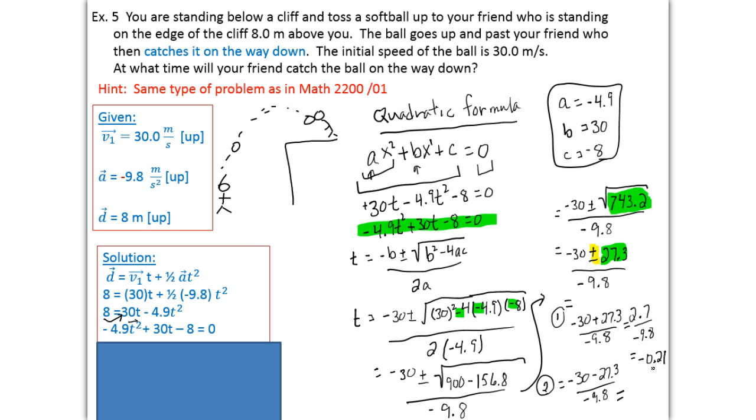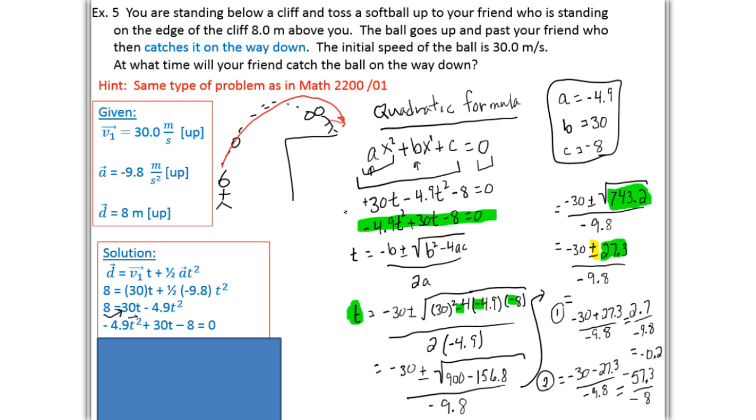If we work out the next one, make sure that stays as a 7 there, guys. So negative 30 subtract 27.3 is going to be negative 57.3, divided by negative 9.8, and I think I'm going to run out of space.